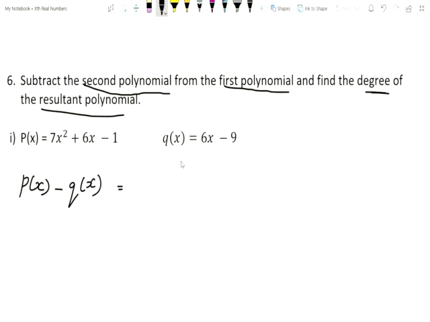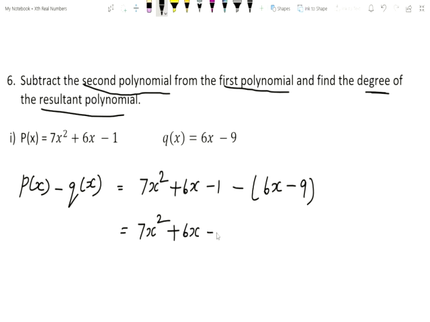So 7x square plus 6x minus 1, the first term written as it is. Next we are going to subtract, so put the minus sign. Which term are we going to subtract? 6x minus 9. So 7x square plus 6x minus 1, here minus into plus, minus 6x, minus into minus, plus 9.